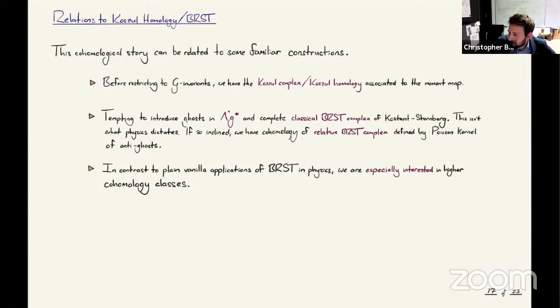When you learn BRST for gauge theories from textbooks, the point is to compute H0. But here I'm exactly interested in the higher classes if I want to see the stuff that makes the Hall-Littlewood Chiral Ring more than the Higgs branch chiral ring.